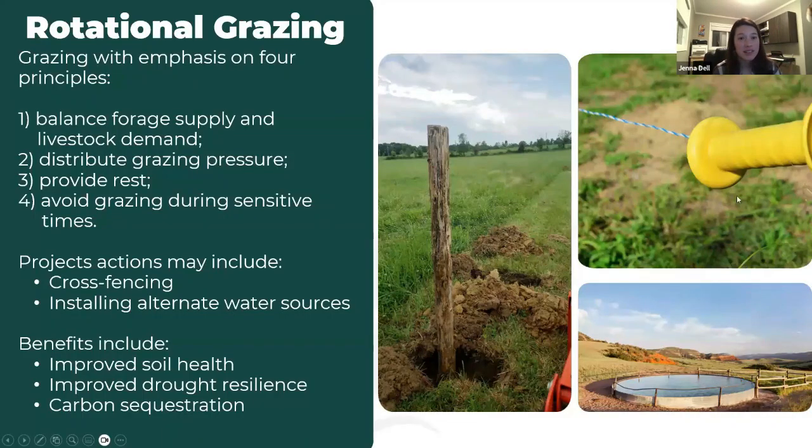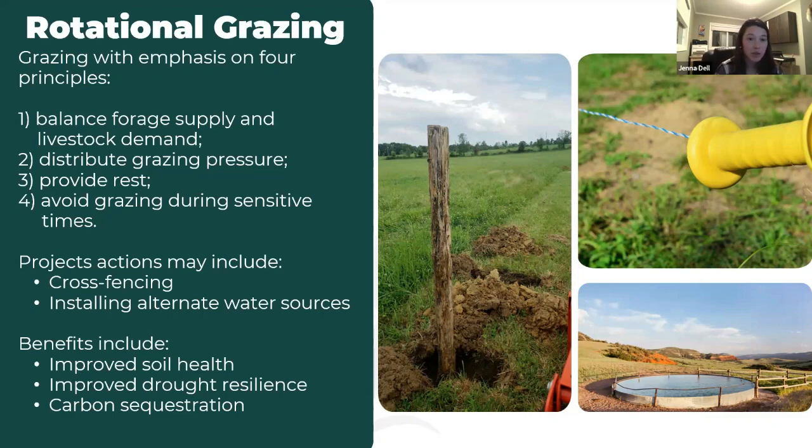The next subcategory under pasture management is rotational grazing. It can also be called multi-paddock grazing or mob grazing, and there are some definition differences between those, but overall, the overarching principles are essentially the same, that you're going to graze in an ecologically beneficial manner.